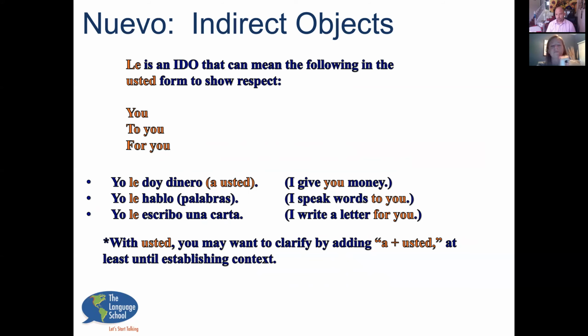Yo le hablo means I speak to you. Palabras are in the parentheses because those would be like the direct object. You don't necessarily have to say them. They would be implied. And then yo le escribo una carta. I write a letter for you, or I write a letter to you. Okay. So again, to clarify, you can always add a usted on the end.